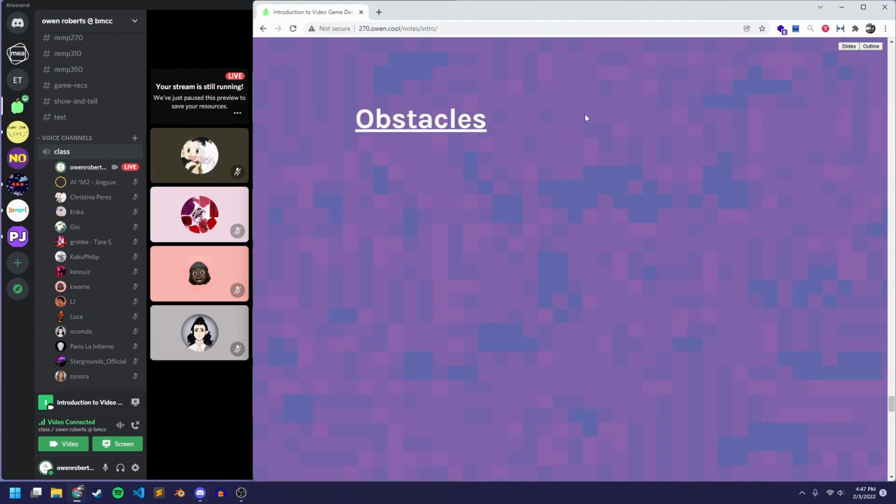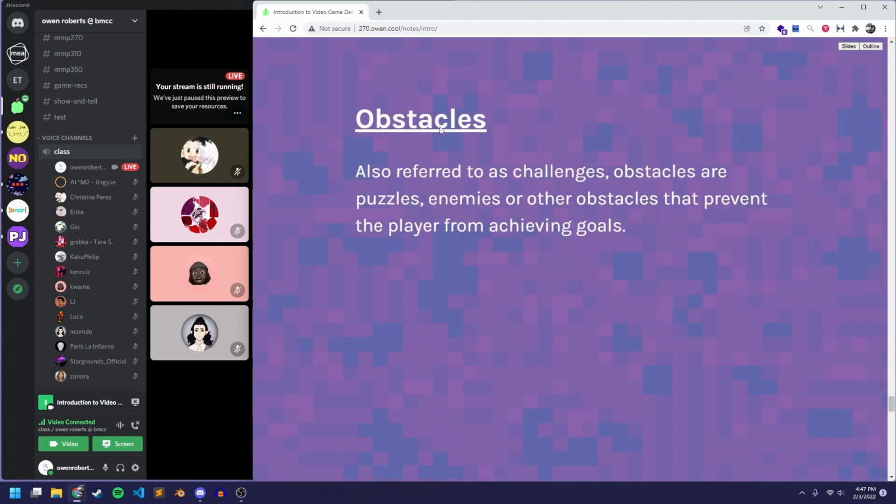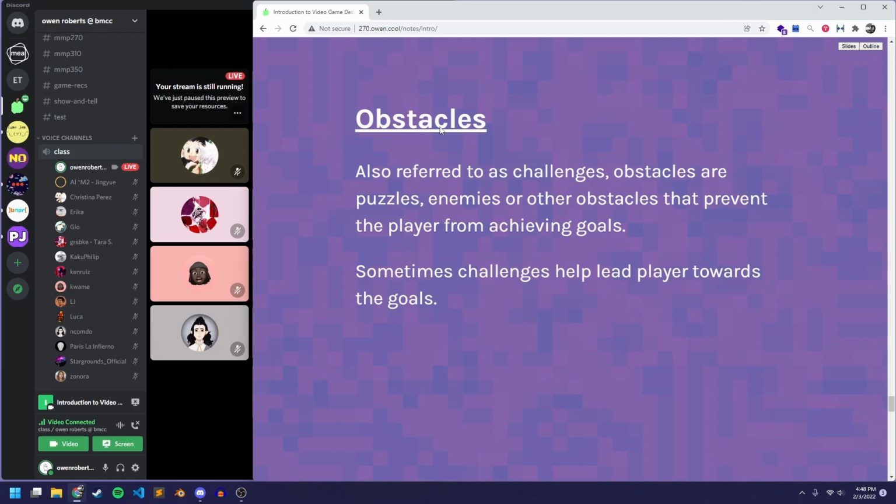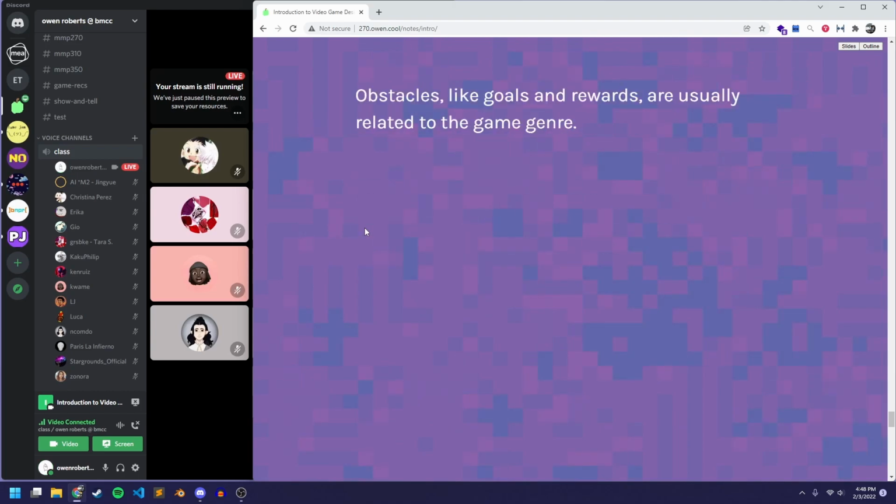For obstacles, these are also challenges, puzzles, enemies, all of these different things that prevent you from getting to the end of the game or to the goal of the game. And as I mentioned, challenges are going to lead us towards the goal. Obstacles tend to be related to the game genre.